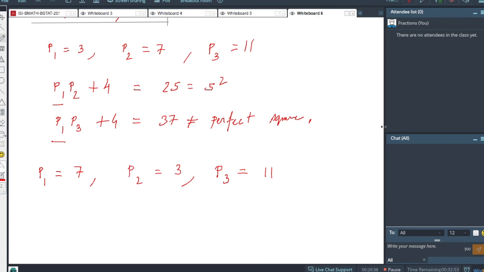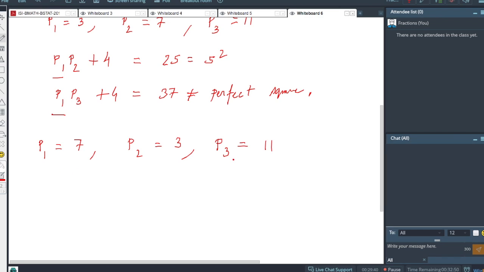Okay, so now look, P1 times P2 is 21 plus 4, that is 25, which is a perfect square. P1 times P3, that is 77, plus 4 is 81, that is 9 squared, which is also a perfect square, and this works. So this is a solution. Now since this works, if we interchange P3 and P2, then it should also work, right?